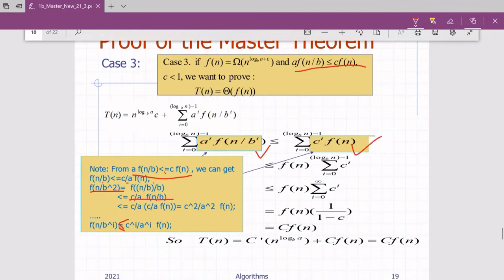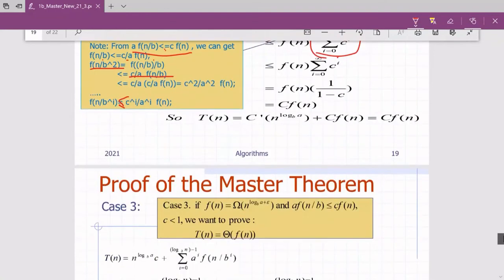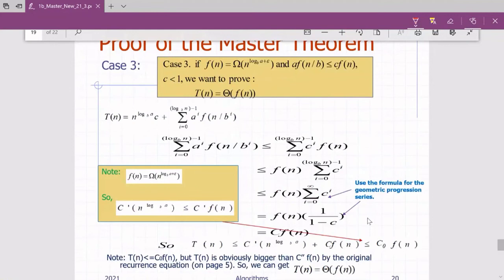After this one, it will be easier because we just want to move f(n) out of the summation. We have c to the power of i. After that, we can enlarge a little bit to infinity.